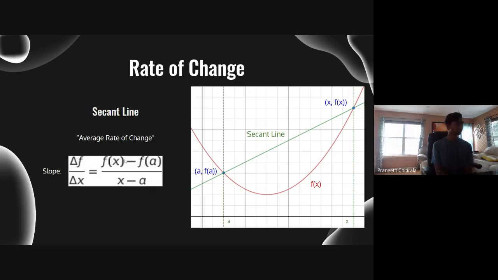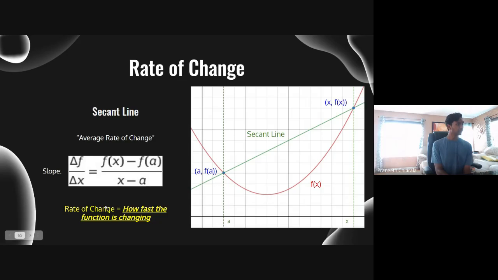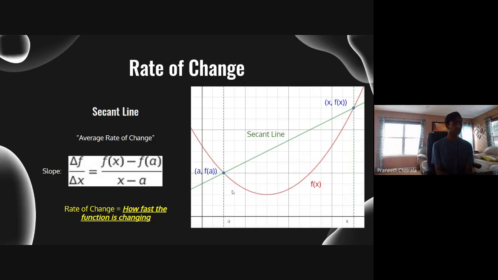And essentially this is the second y value minus the first y value over the second x value minus the first x value. And just to understand, the rate of change is how fast the function is changing. So between points a and x, the function is changing at a rate of this slope right here.